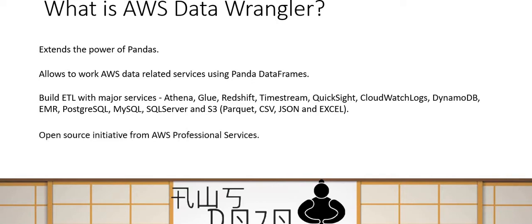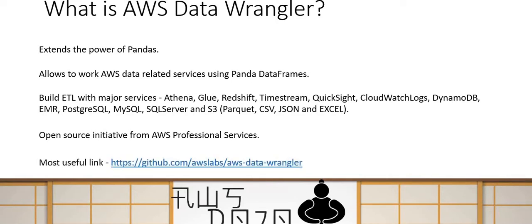This service is actually an open source initiative from AWS Professional Services. And the most important link is the link shown over here. I'm going to provide this link in the description box below as well, where you find plenty of documentation and code samples which tell you how you can use AWS Data Wrangler with AWS data services to both fetch data as well as to populate the data.